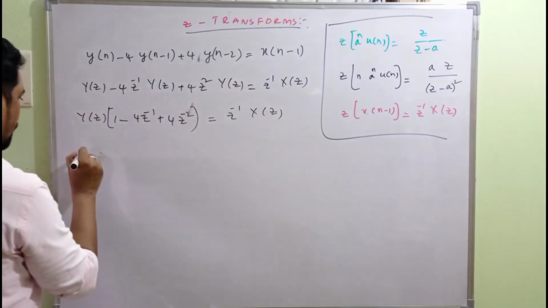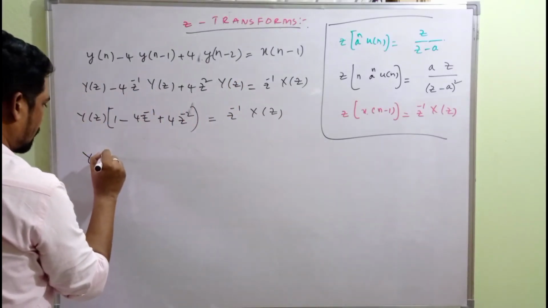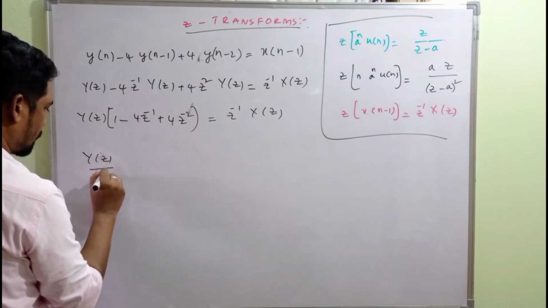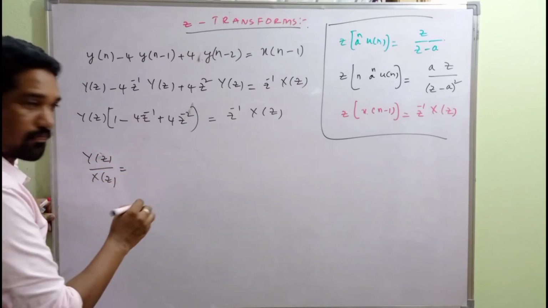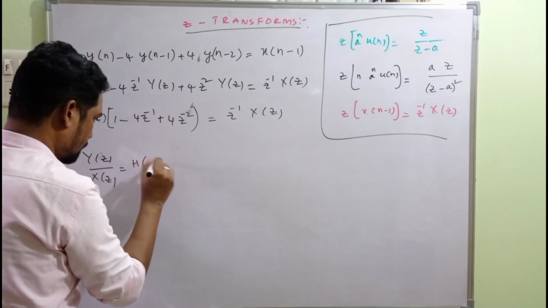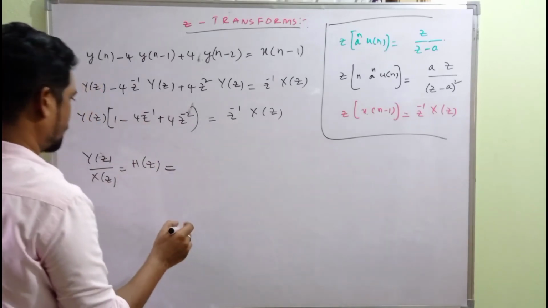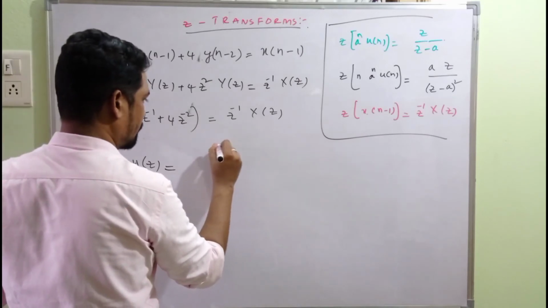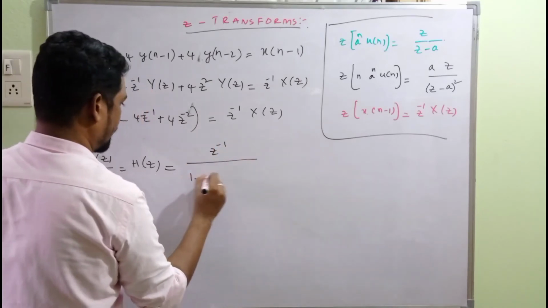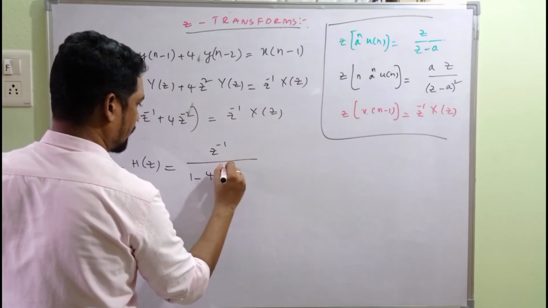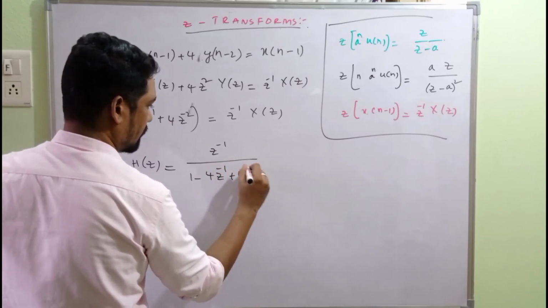So the ratio y of z by x of z will be the system function h of z. Pushing this to that side, multiplying becomes dividing: z raised to minus 1 by 1 minus 4 times z raised to minus 1 plus 4 times z raised to minus 2.